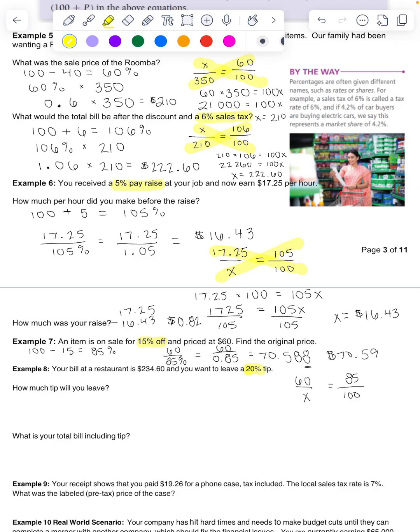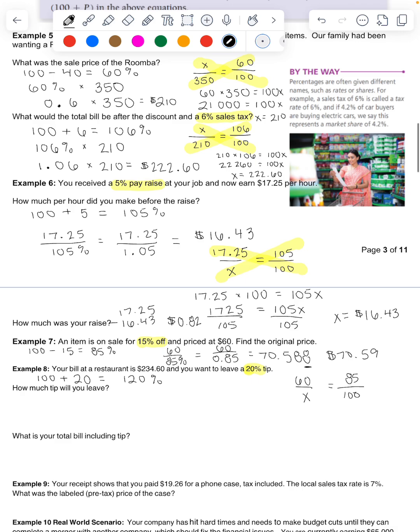So if I want to leave a 20% tip, that means that I'm paying 100 plus 20. So I will be paying 120% of the original bill.